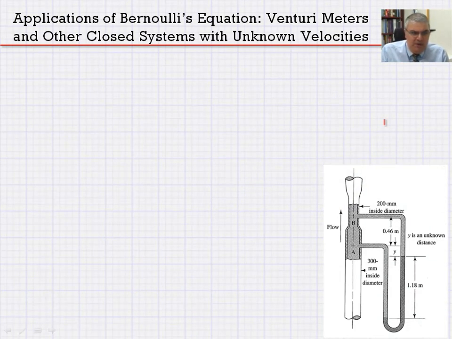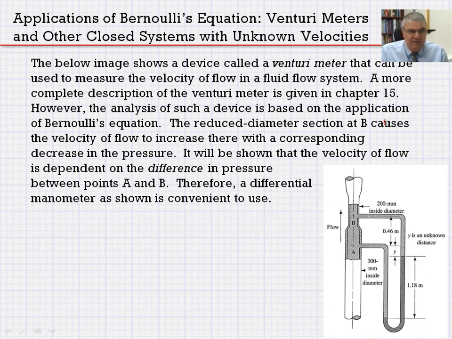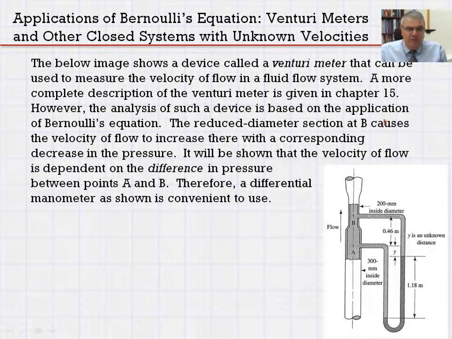What about the Venturi meters and other closed systems with unknown velocities? The figure shown here is a Venturi meter. It can be used to measure the velocity of a flow, as we discussed previously, in a fluid flow system. In subsequent chapters of the book, if you're interested, you can read about those.